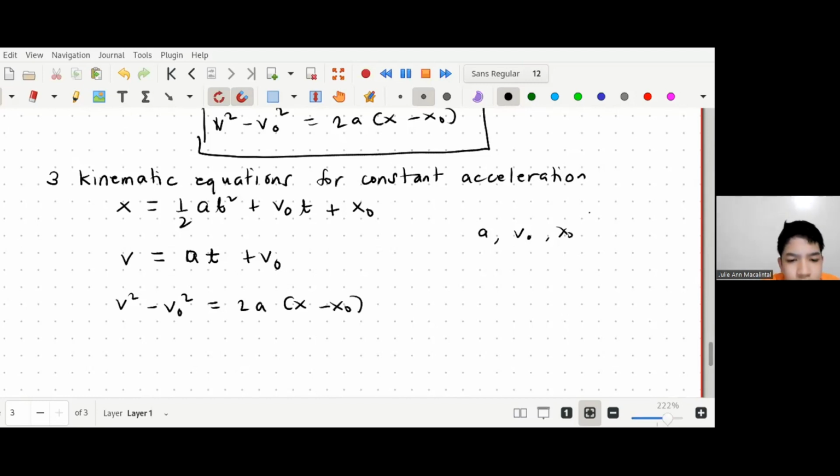Tapos yung x sub 0, positive position, at t equals 0, nasa right siya ng origin. Kung negative yung x sub 0, that means at t equals 0, to the left of the origin siya nagsimula. That's why we prefer to use x. We prefer to call x position instead of displacement. V here is velocity, and a would be the acceleration.